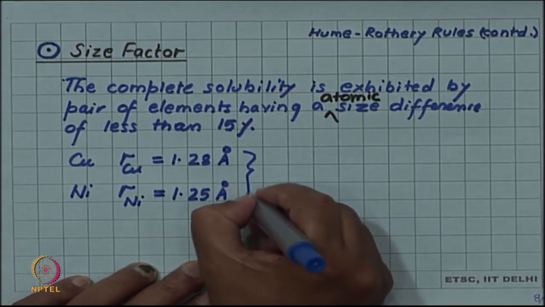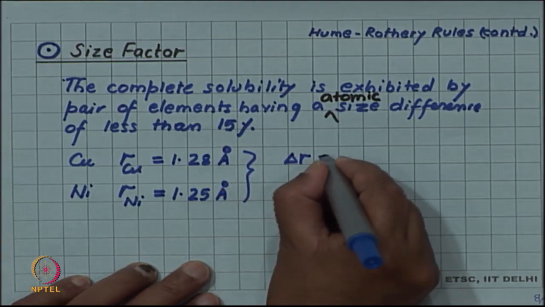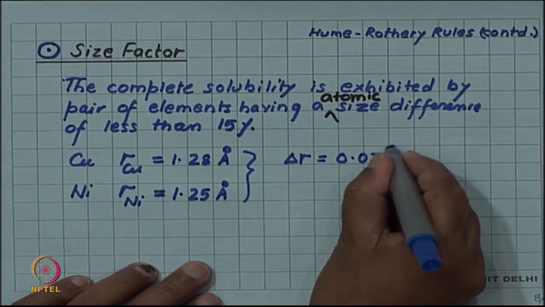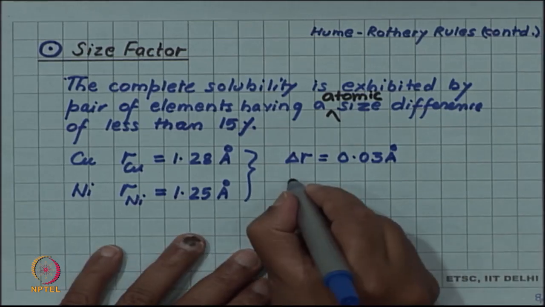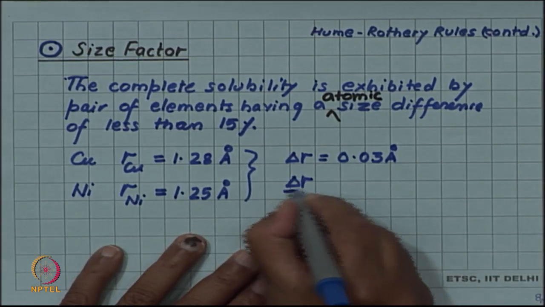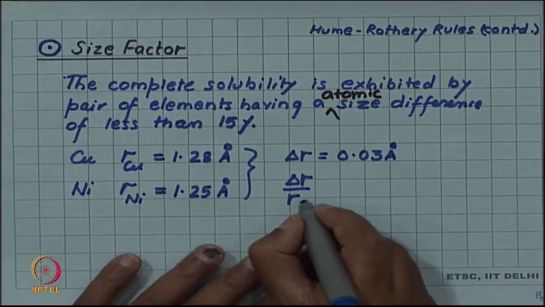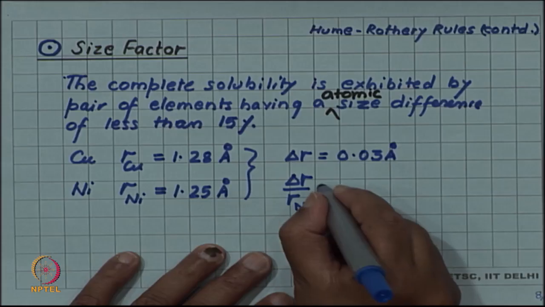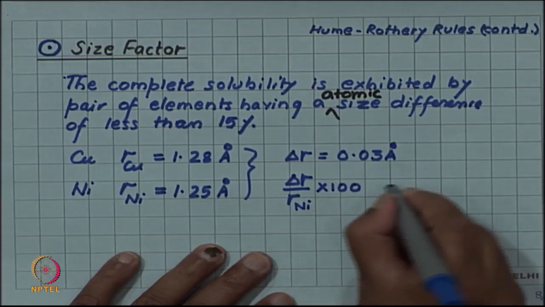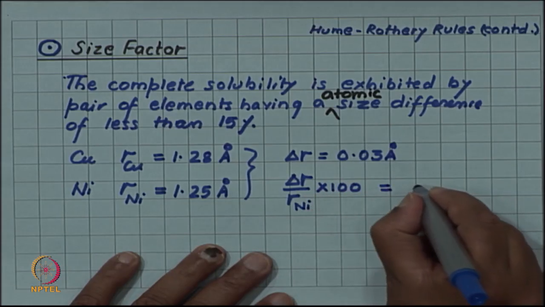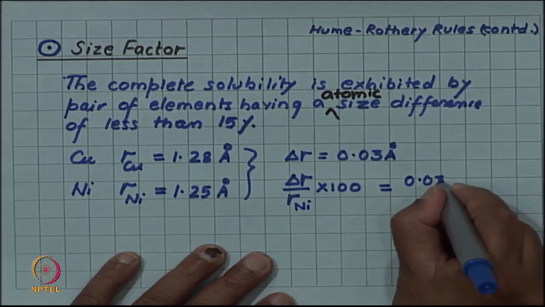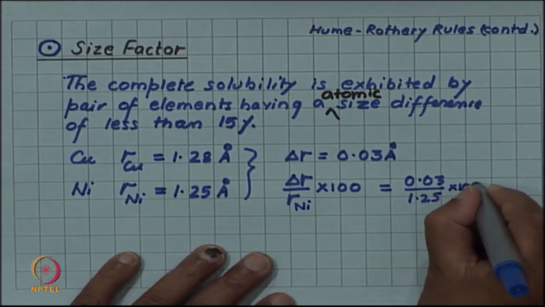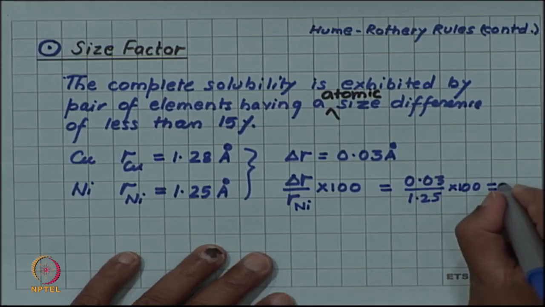So, we can see that the size difference delta r in this case is only 0.03 angstrom, and if we try to find the percentage size difference, this comes out to be about 2.4%.